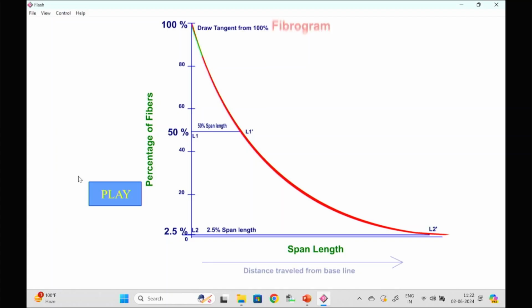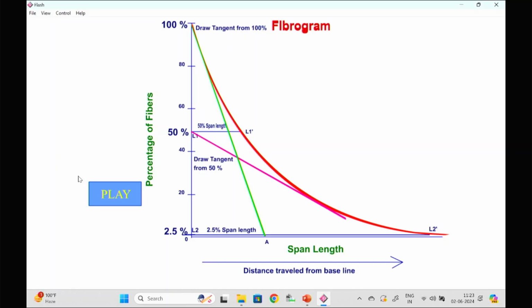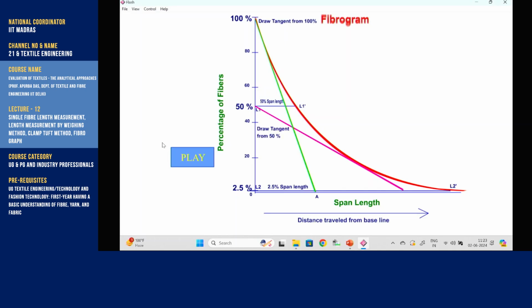And then what we have to do? We draw a tangent on the fibrograph from the 100% point, the green line, which is intersecting the x-axis at point A. So OA is known as the mean length, which is different from the mean length which we have calculated by the other methods.